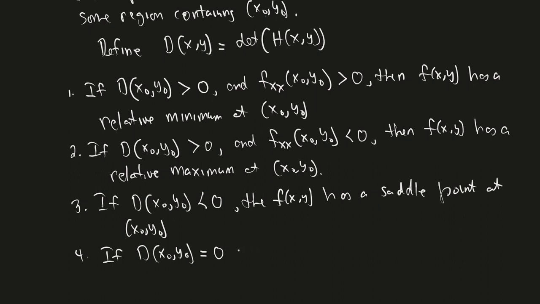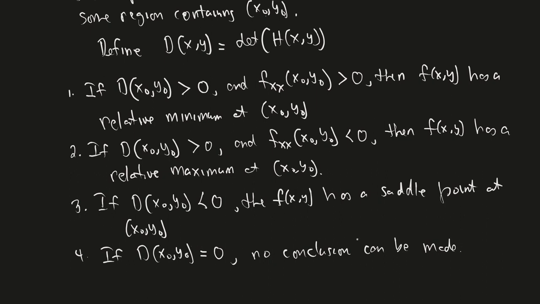Just like how if your second derivative comes out to be 0, your test is inconclusive, same thing here. In other words, in this fourth possibility, if your D comes out to be 0, then the critical point may be a relative min, it may be a relative max, or it may be a saddle point.